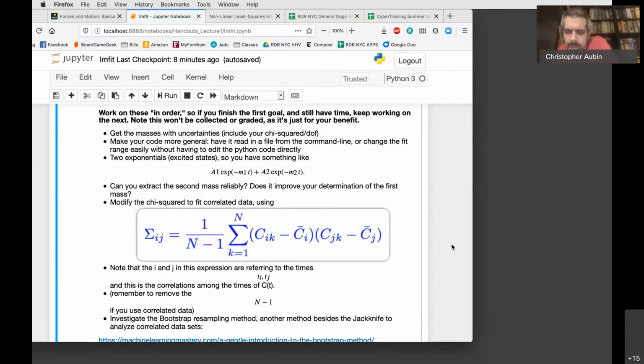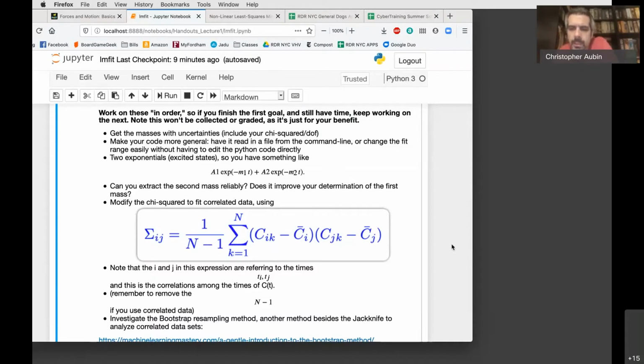Okay, let's see. Adam says he's got a mass point M1 of 0.3, and then what? So Adam, what was your error on M1?